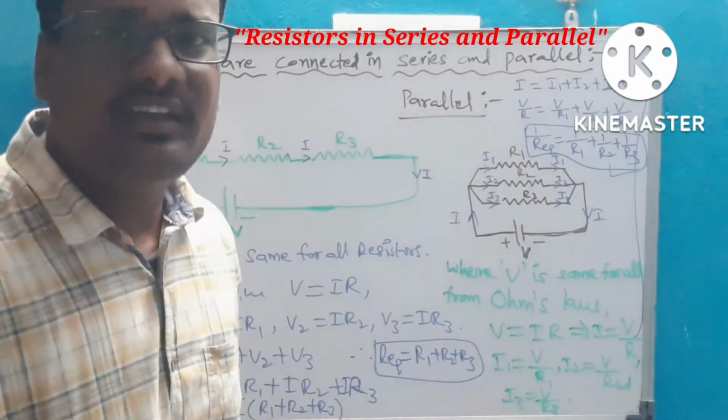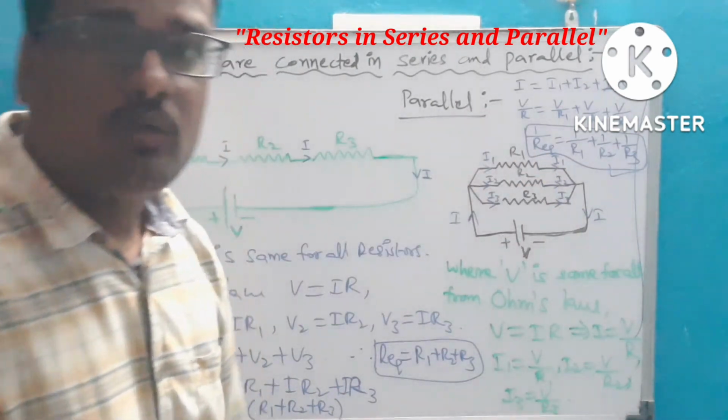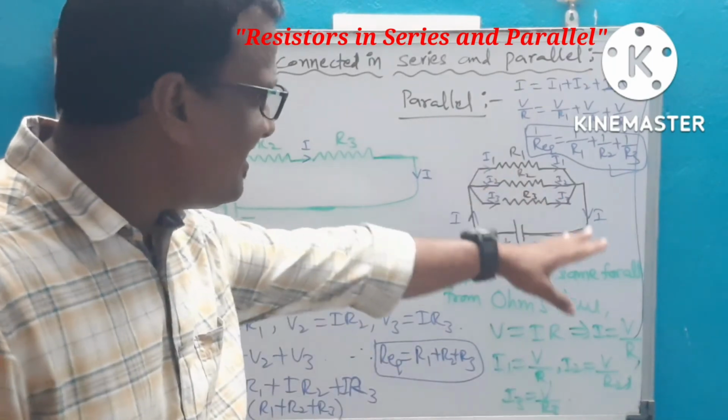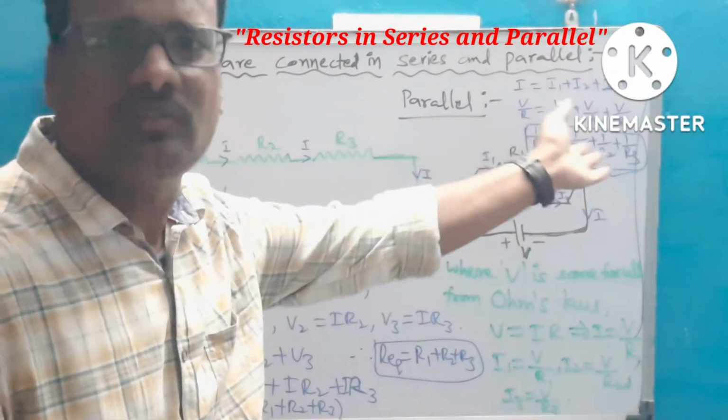Finally, 1 by R equivalent equal to 1 by R1 plus 1 by R2 plus 1 by R3, and so on if you connect a fourth one, fifth one, sixth one, and so on.